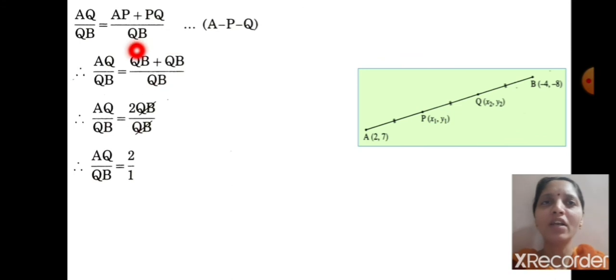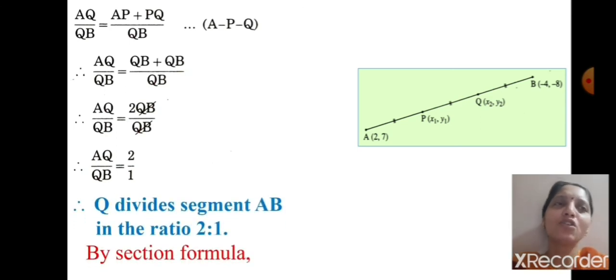All are equal. So QB plus QB upon QB. So you will get here 2QB upon QB. This QB will get cancelled. You will get AQ upon QB is equal to 2 upon 1. That means AQ:QB is 2:1. Therefore, Q divides the segment AB in the ratio 2:1.